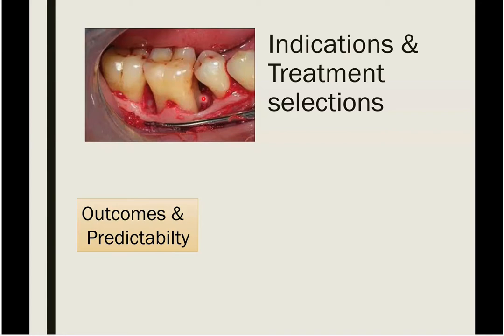So we know that the predictability of a treatment of an intra-bony defect goes up with increasing number of walls to contain the graft that you're placing. And we would prefer not to perform osseous surgery to correct this, because as we have these deeper defects, this would entail removal of quite a bit of bone on this premolar, if you can see the laser pointer here, and the adjacent molar to correct the defects.